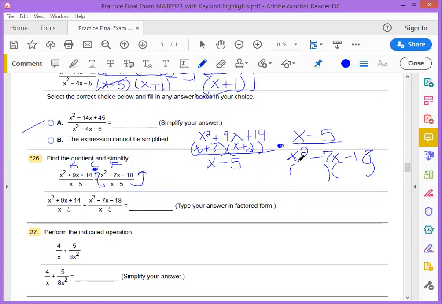In the denominator, we have x squared minus 7x minus 18. We need two numbers. When we multiply them, we get negative 18, but when we add them, we get minus 7. And those factors that we're looking for in the denominator, we'll get x minus 9 and x plus 2.